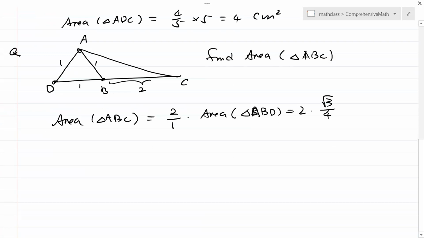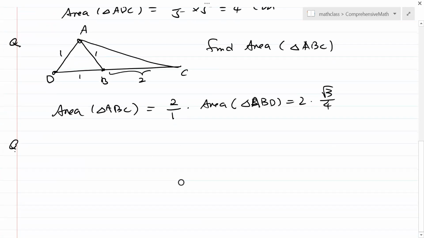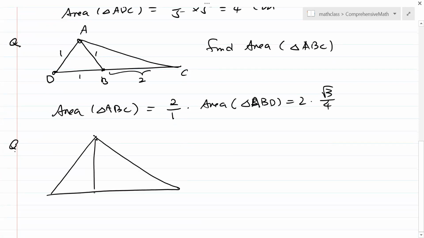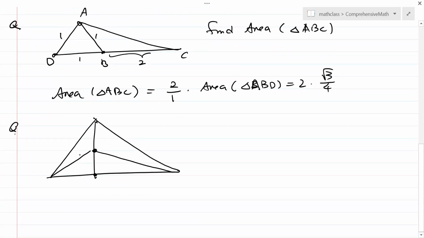All right, we continue to the next problem. If you have a triangle and you draw an arbitrary point inside and connect it to the vertices, say this area is 2 square centimeters, this triangle area is 3 square centimeters, and that's 4 square centimeters.